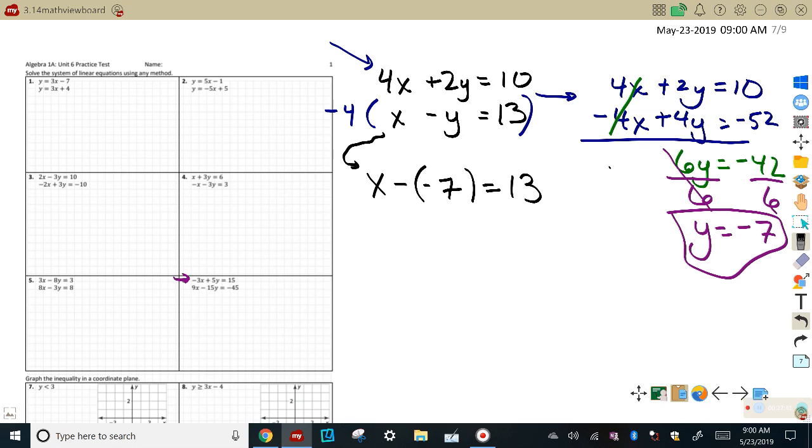All right, I should know that a negative negative gives me one positive. And this problem would still be pretty easy. All I'm going to do is subtract 7 from both sides and get x is equal to 6. Okay?